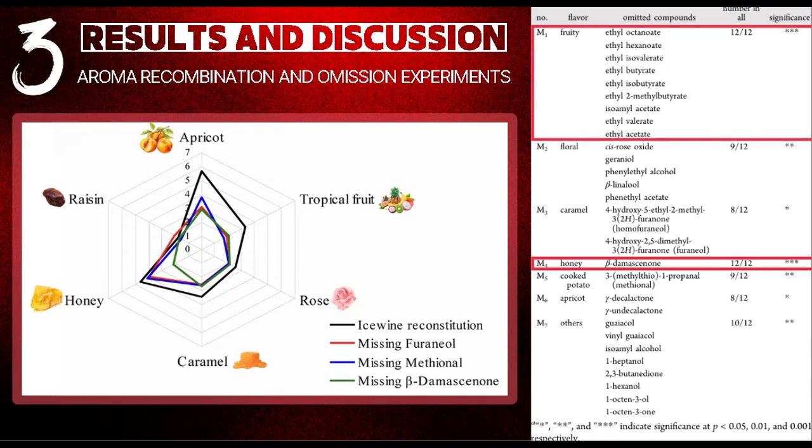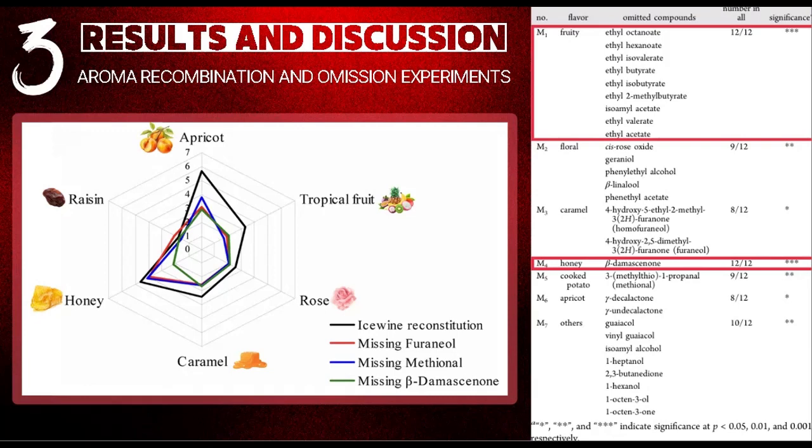Then descriptive analyses were used to explore the aroma contribution of certain compounds, namely beta-damascenone, furaniol, and methionol. The results are on the left.